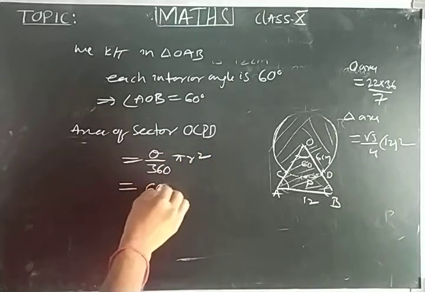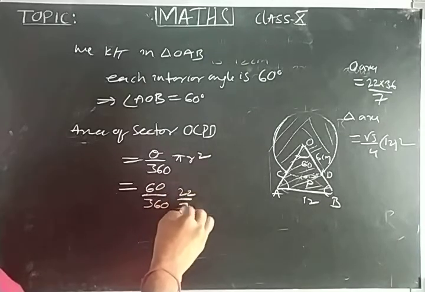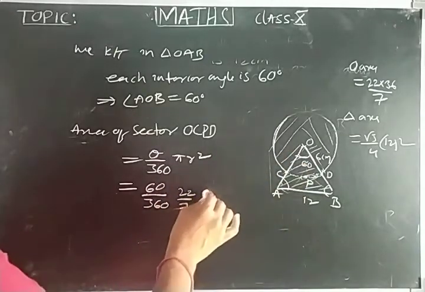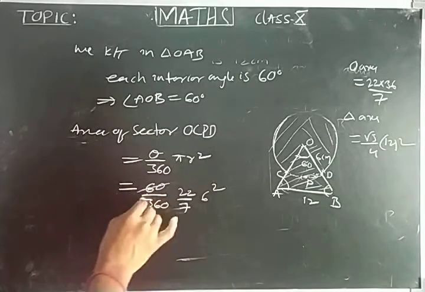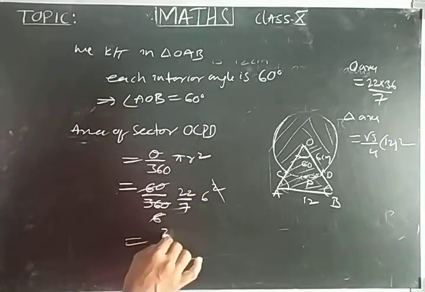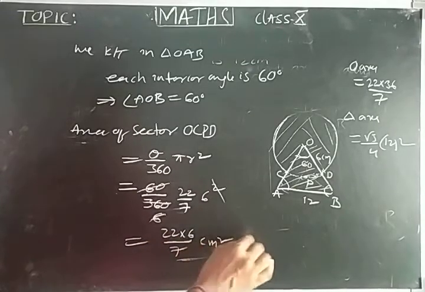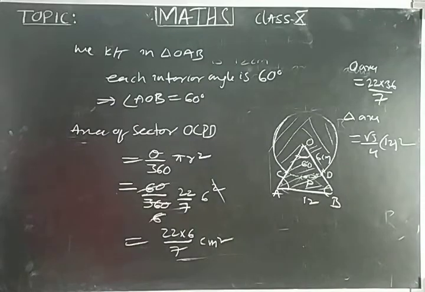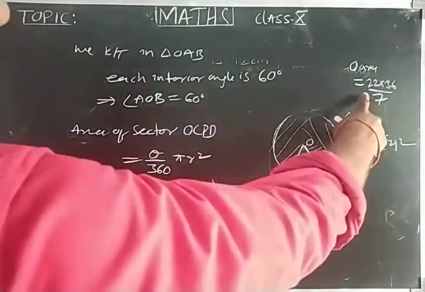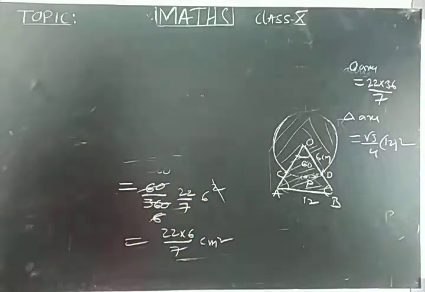Theta is 60 degrees by 360 into 22 by 7 into r square, what is the radius? 6 square. 6 cancel. So 22 into 6 by 7 centimeter square. Now I need this shaded region. So by adding these two areas and subtracting this, automatically you will get shaded region area.